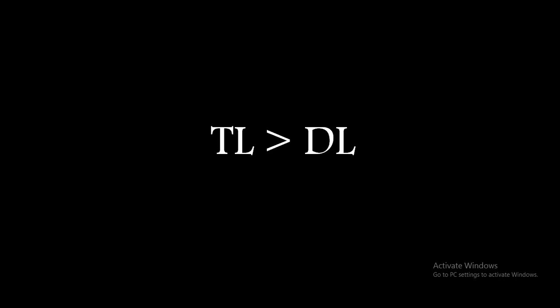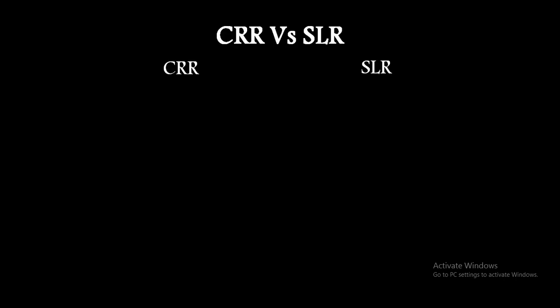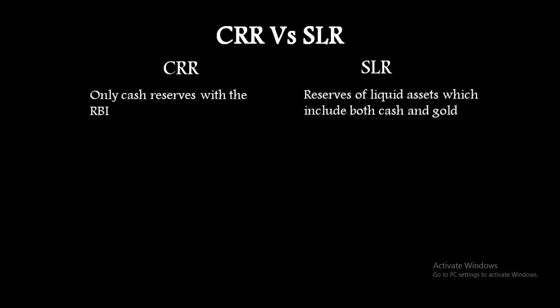Now let's discuss the difference between CRR and SLR. So the CRR requires banks to have only cash reserves with the RBI. In the case of SLR, banks are asked to have reserves of liquid assets, which include both cash and gold.